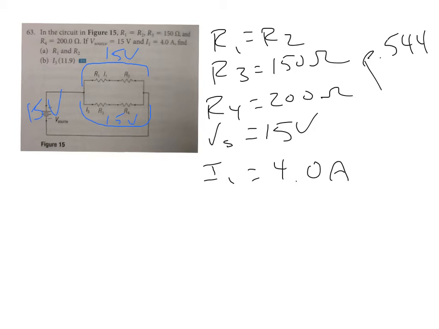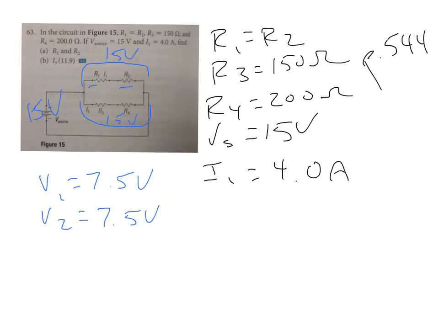I also know that resistor 1 and resistor 2 have the same resistance based on the given information, and that current 1 is going through both resistors, and that current's going to be the same. So essentially what that means is the voltage has to be the same across both of these, and if that's the case and there's 2 of them, then simply 15 divided by 2. So I'm going to say voltage 1 is 7.5 volts, voltage 2 is 7.5 volts.